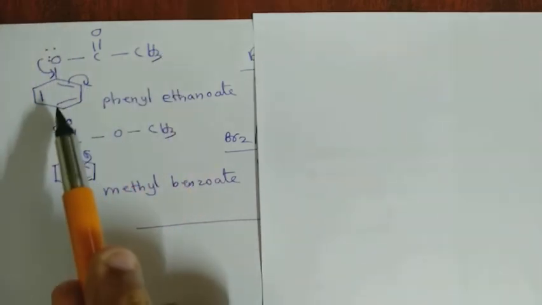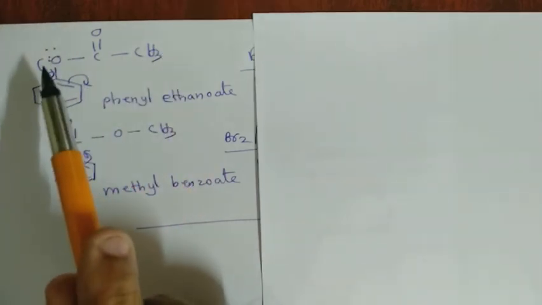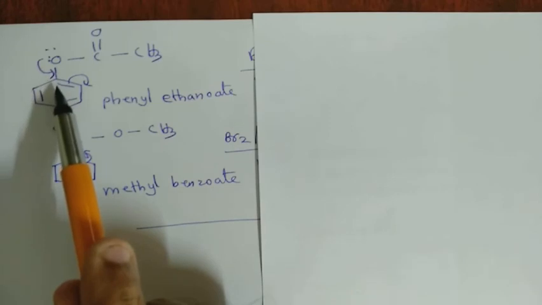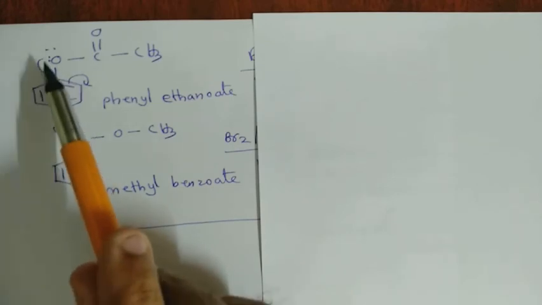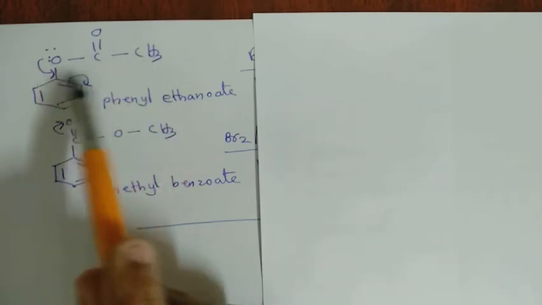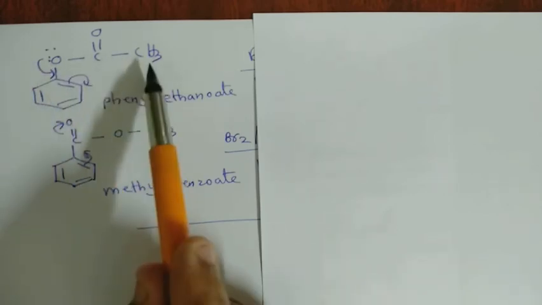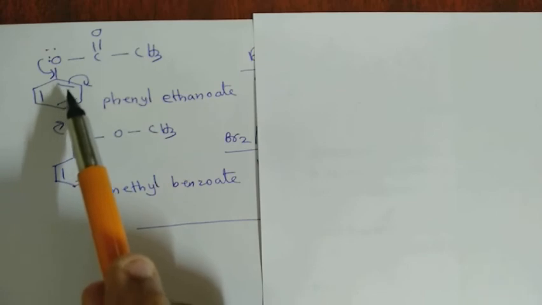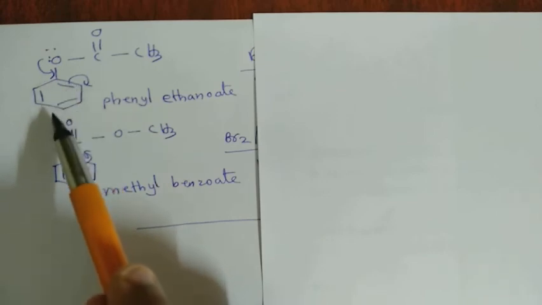In the case of the first compound, the oxygen atom is directly bonded to the benzene ring. Since oxygen has two lone pairs of electrons, this group can show a plus R effect. Hence, substitution takes place at the ortho and para positions.